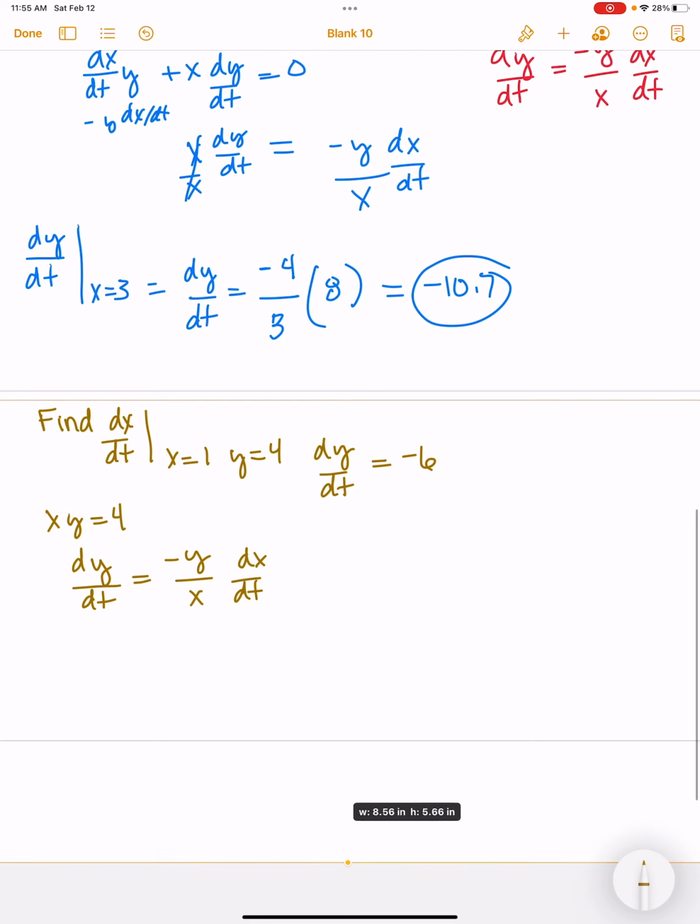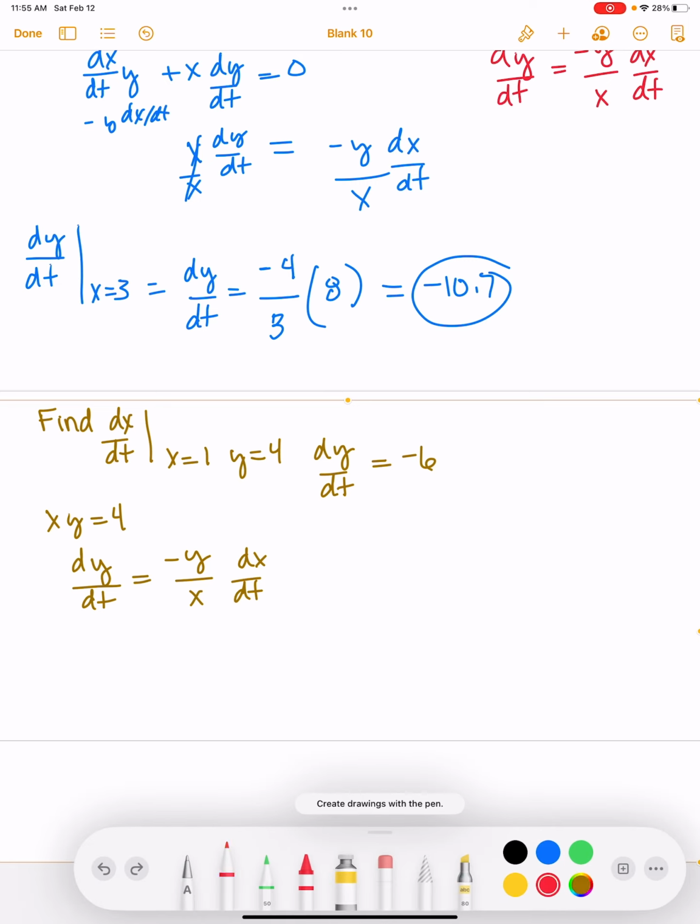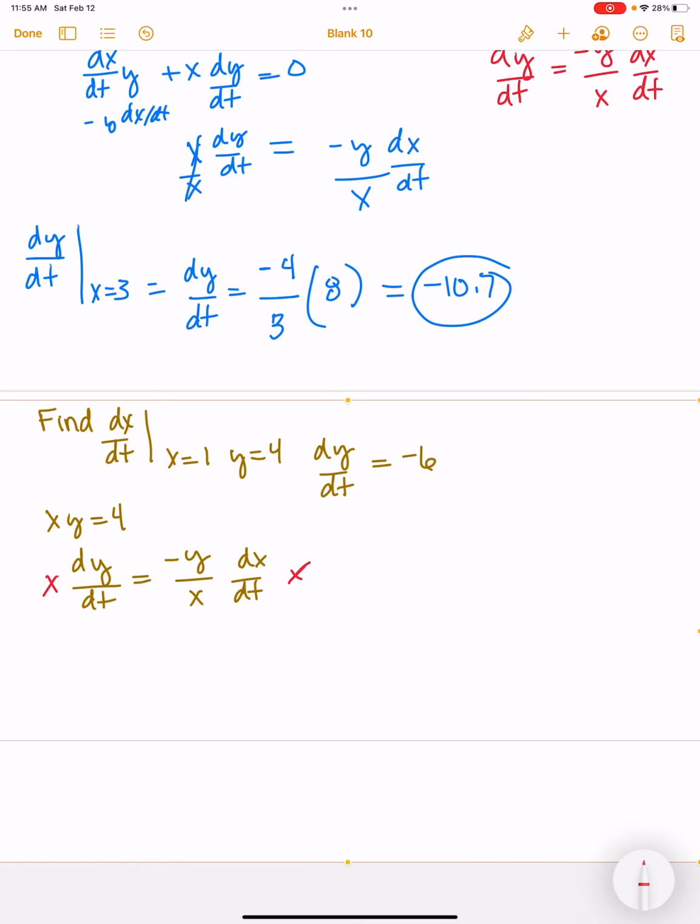So what we're going to do is multiply both sides by x. And then you get x dy/dt equals -y dx/dt.